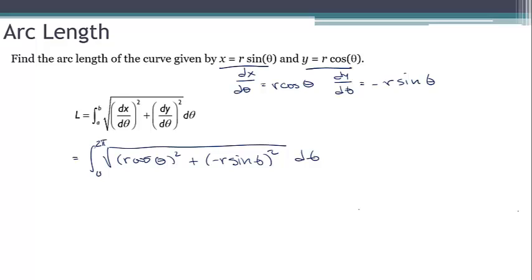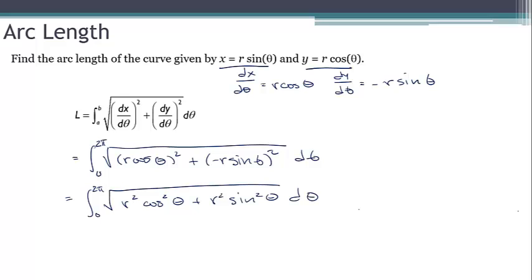Now we can simplify the integrand. This is still the integral from 0 to 2π of the square root of r squared cosine squared θ plus r squared sine squared θ, dθ.